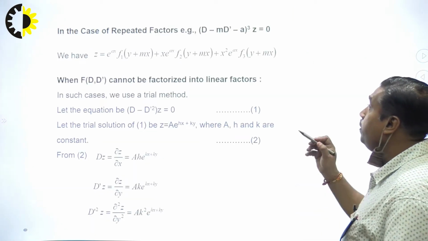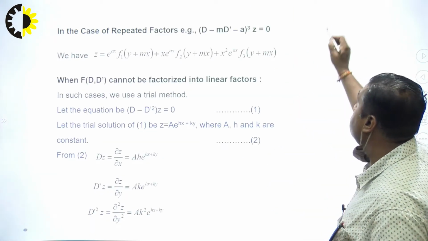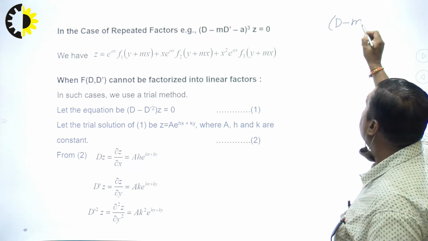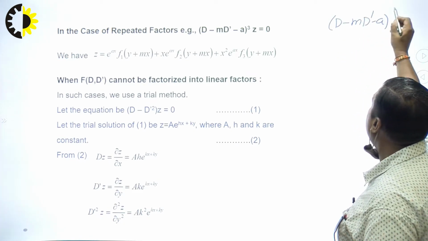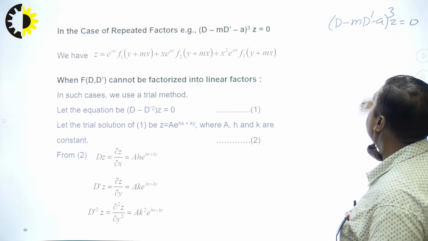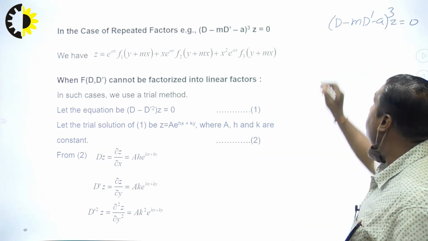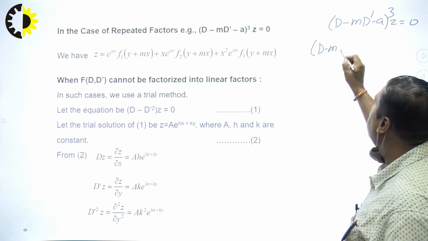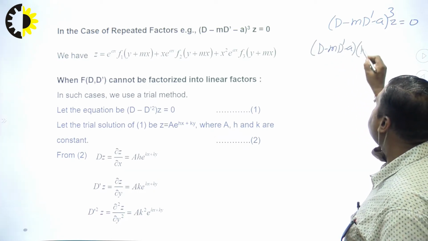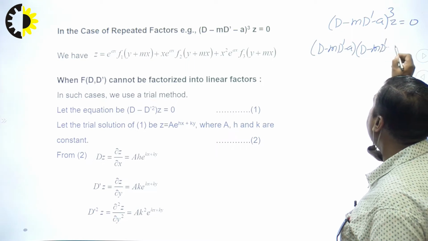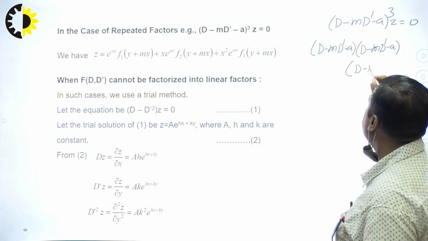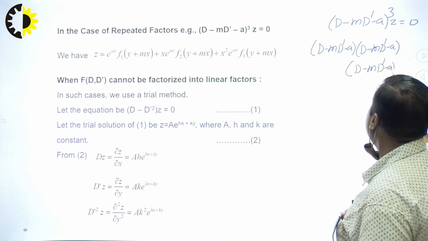In case of repeated roots, there are three repeated roots, (D minus m D dash minus a) whole cube, z is equal to 0. That means we are taking the value 3. That means (D minus m D dash minus a), (D minus m D dash minus a), and (D minus m D dash minus a) into z equals 0.